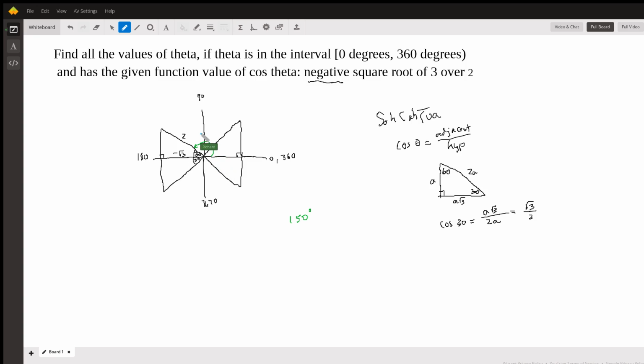We always start at 0 and then come all the way down to here. And this other angle is going to be 180 plus 30. So that's going to be 210. So those are the two angles that produce a cosine that's negative root 3 over 2.